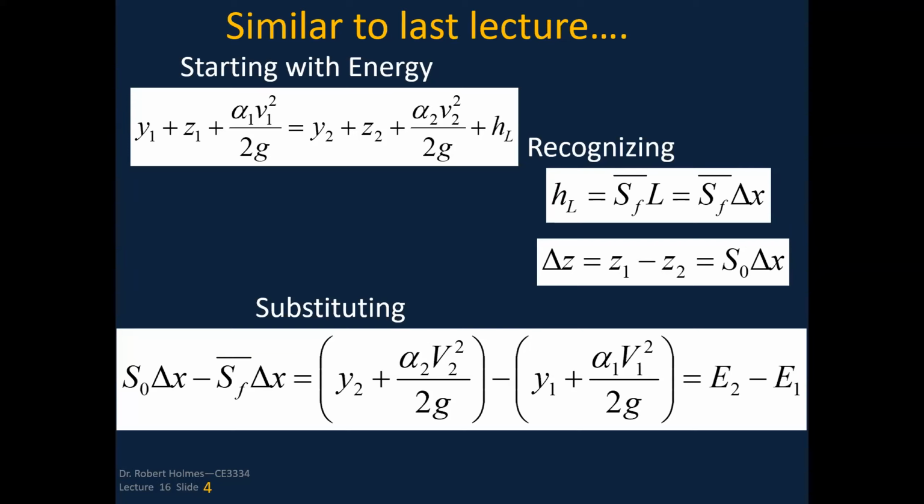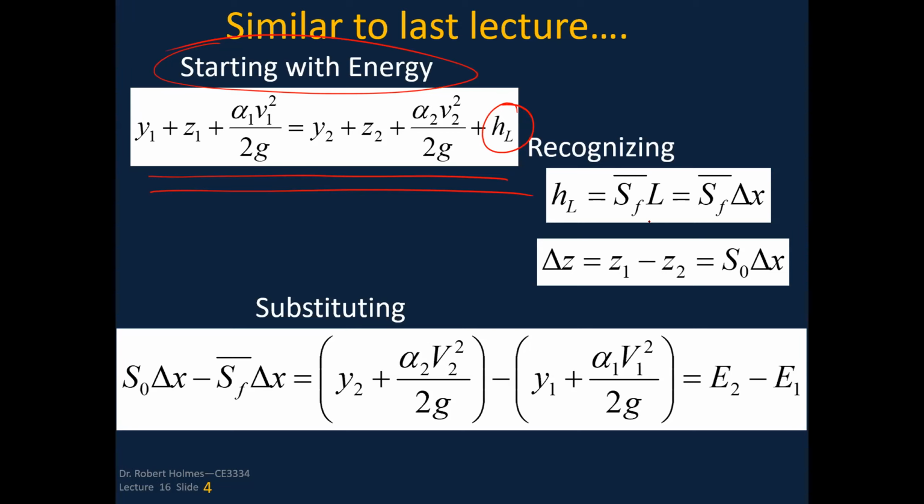So if we remember from last lecture, we started out with energy, and we characterized the energy at both section 1 and section 2, looking at the pressure potential, the potential energy, and the kinetic energy, and then balancing out with the head loss.